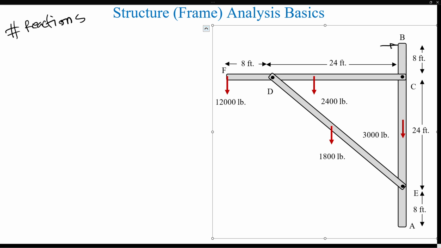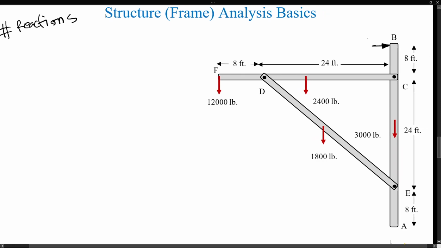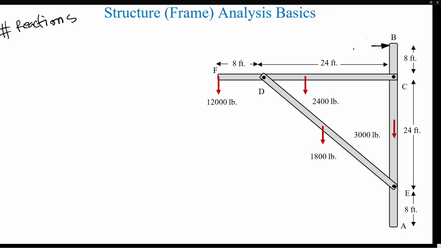You have the rolling contact at B, so there will be only a horizontal reaction component at B, so you will have only B horizontal.